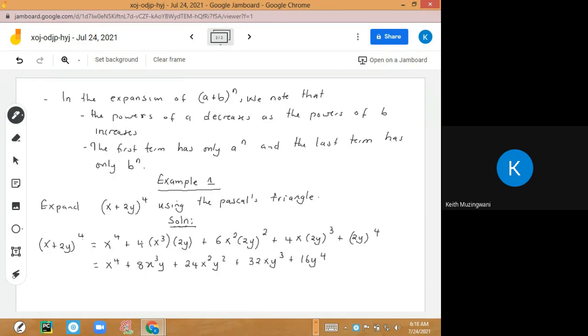So that will be our expansion using the Pascal's triangle. So some questions can specify. But now look at this. You may really want to use the Pascal's triangle, and then you meet a question.